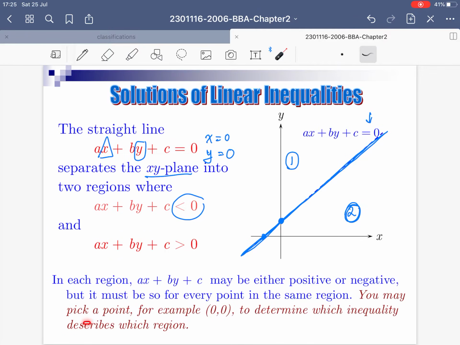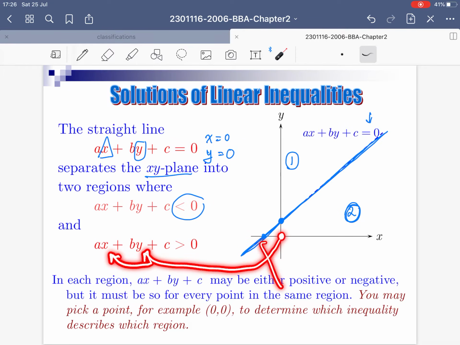So for example, you pick one of the points in region 1 or 2, depending on the problem. For example, the point that you may consider is 0 0, and you just plug your 0 0 into your inequality. If your inequality holds, it means that your 0 0 is included in that region.